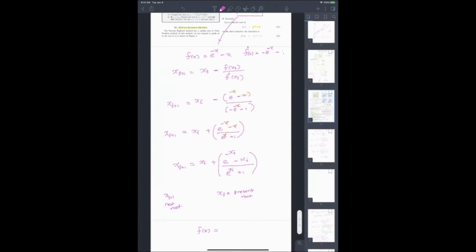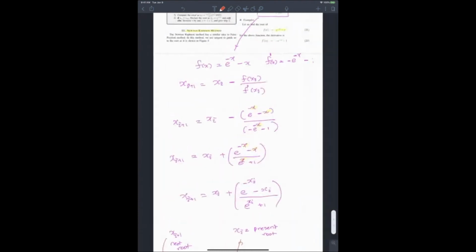Once you find x_{i+1}, it becomes x_i, and you just keep iterating until you have to stop. When will you stop? When the epsilon a is less than a certain value, or when the maximum number of iterations is reached. So that's it for the Newton-Raphson method.